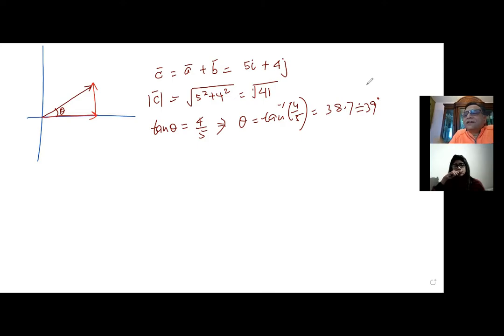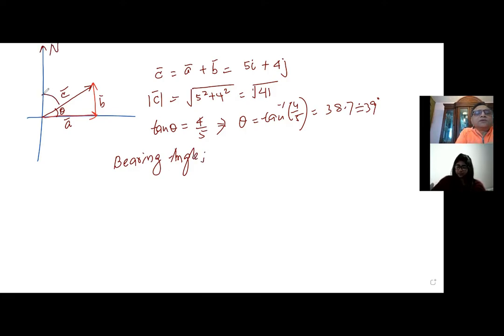Now, how do I say this angle for the vector? This is another thing which we need to figure out, right? So we have these vectors here, A, B, and C. Vector C can be written in many different ways. We could adopt a bearing angle. Bearing angle is always from north.